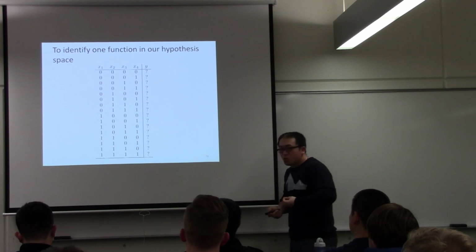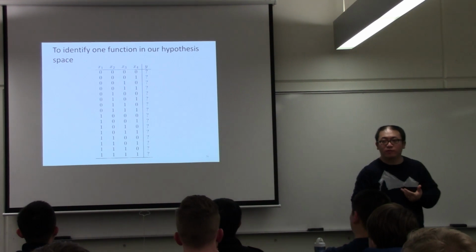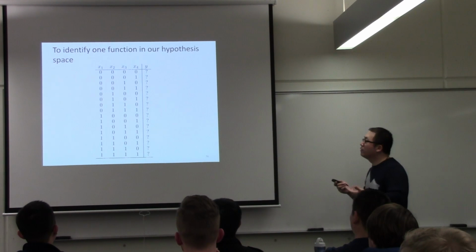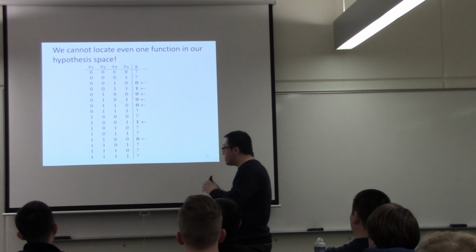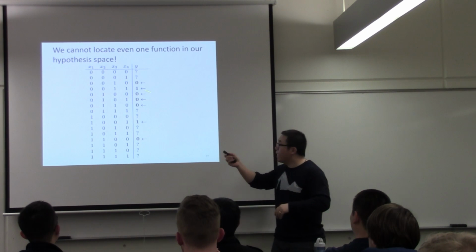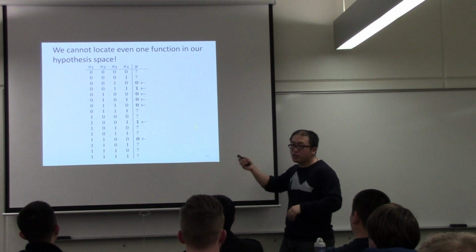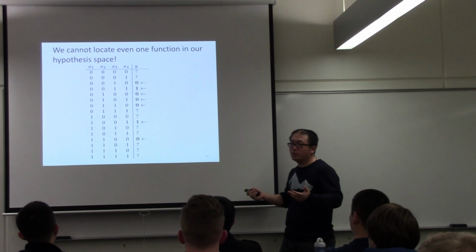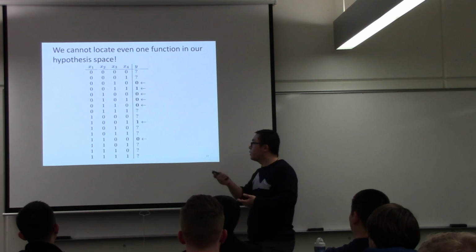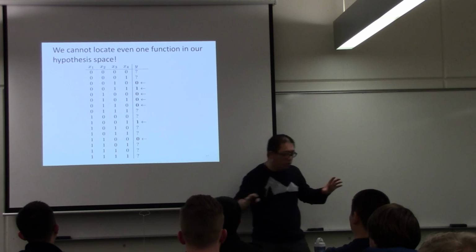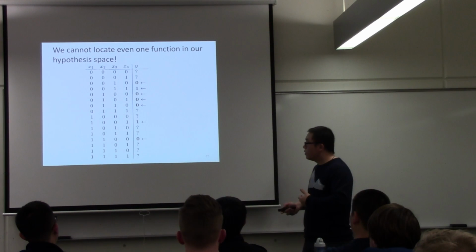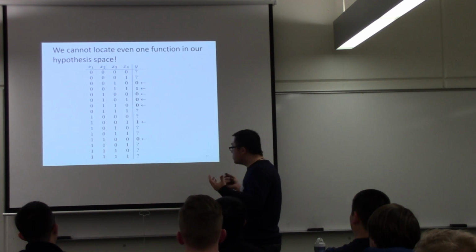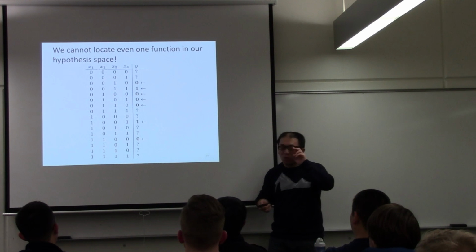And how many training instances do we have right now? 7. That means to specify just one function, we still have 9 entries in this function table unknown. That means if we search over all possible Boolean functions with 4 input variables, we cannot use these 7 training examples to identify even one function.